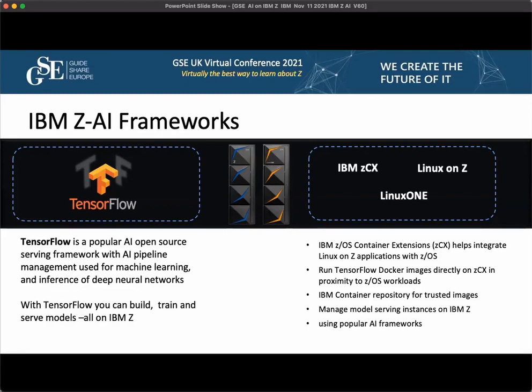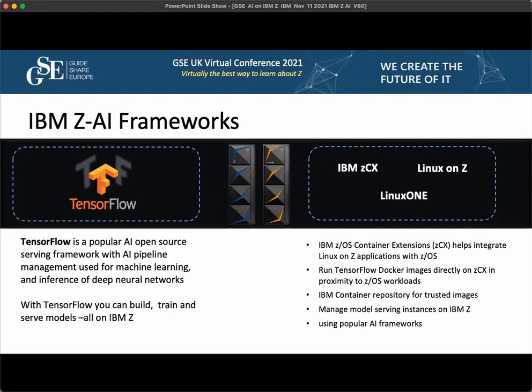Now, TensorFlow is available today from our IBM Z and LinuxONE container registry, which is a trusted and curated channel where we provide a lot of open source containerized images, including TensorFlow and a lot of the other AI frameworks as well.